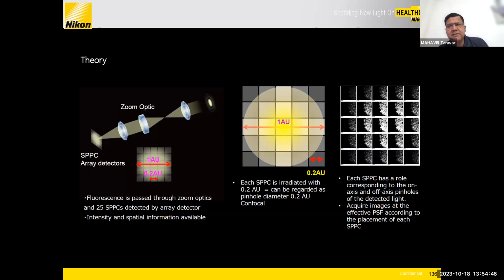You can increase the detector gain, you can improve the resolution, but that may not be good for samples with low light. That will not work. But here you can work with low light, you can work with bright samples, you can go for deeper imaging. In this case, each element works as 0.2 Airy unit, and then the whole image is captured with proper brightness using a shuffled summing up technique.